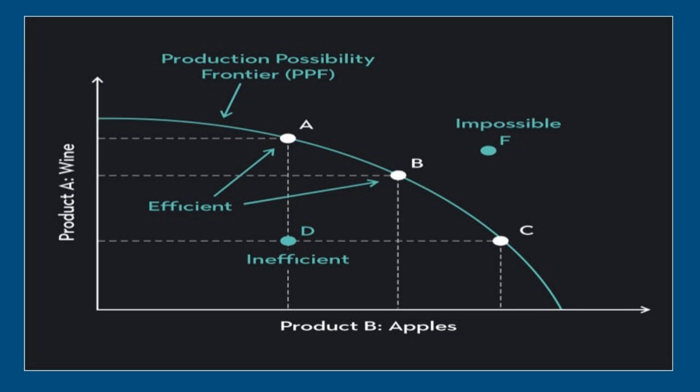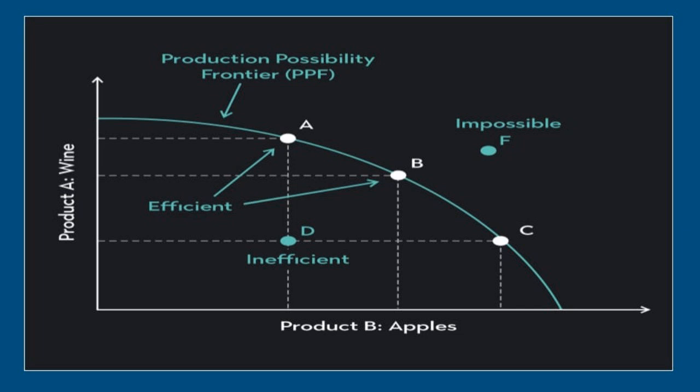But if we talk about point D, where is point D? It is lying under the production possibility curve. So yes, at point D production can happen, but here production will not be considered a good decision because the production will be inefficient, as the resources are working under capacity, they are getting underutilized.